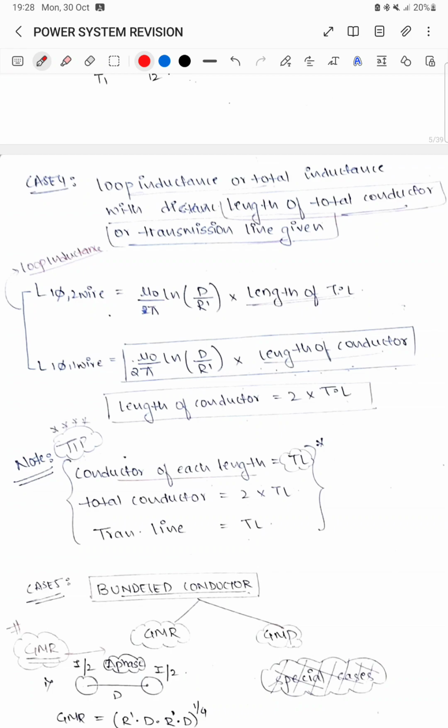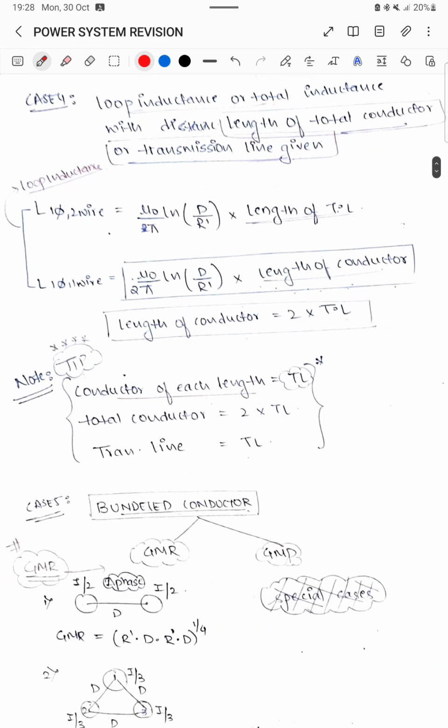But then there is a play of words happening there. If the length of each conductor is given or the length of the transmission line is given, and if you are asked for total inductance, in that case you will use the single phase single wire concept.